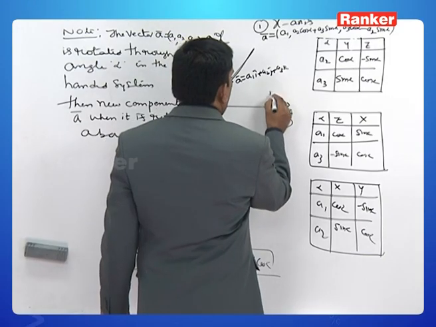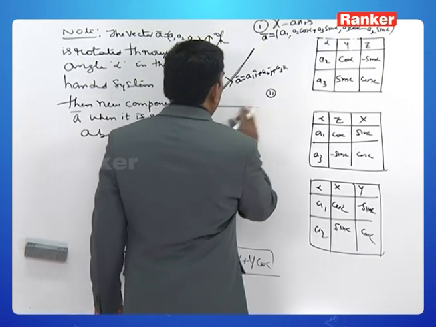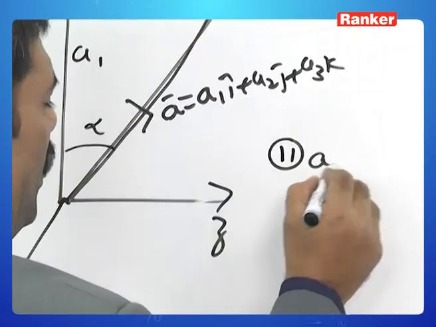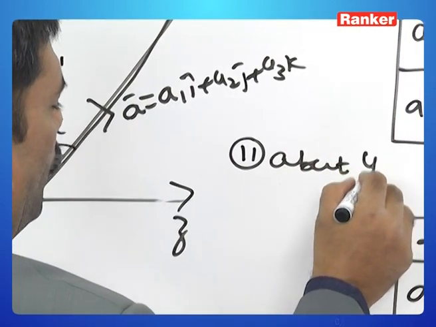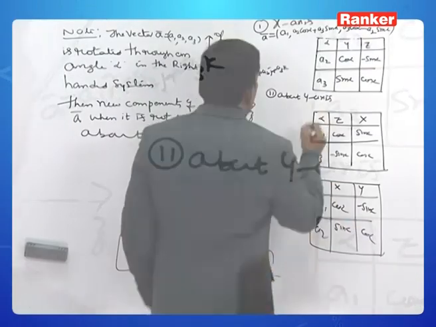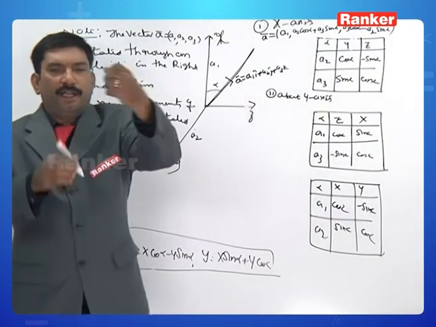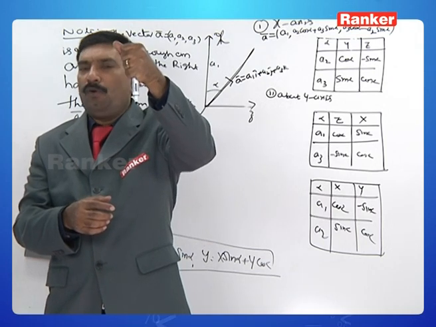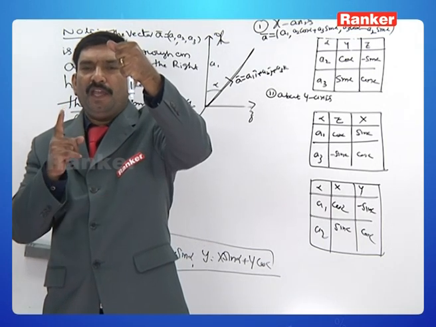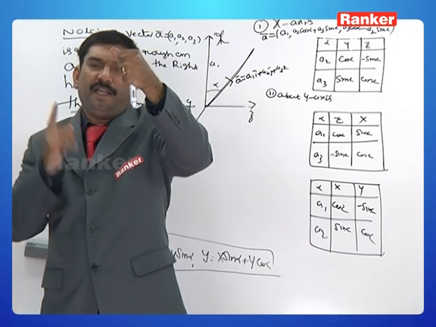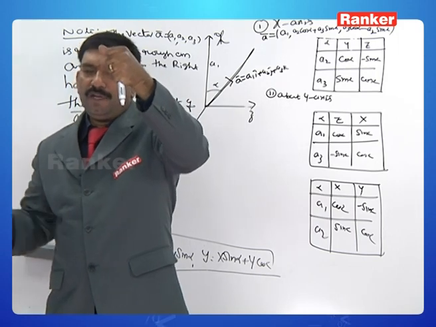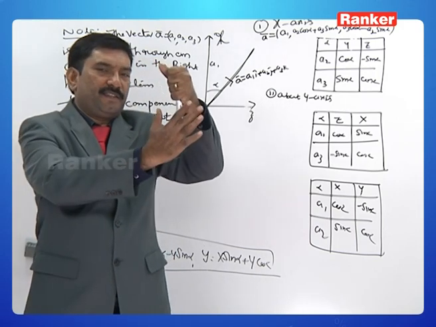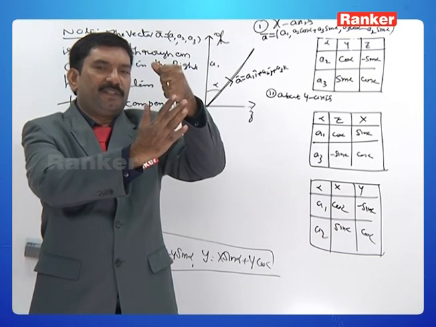Next, the second one is about the y-axis. Now in your hand, catch hold of the y-axis. The y component won't change, only z and x change. So rotate a bar about the y-axis in the anti-clockwise direction.